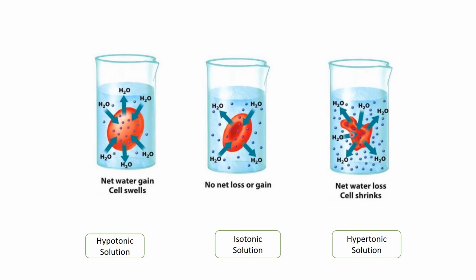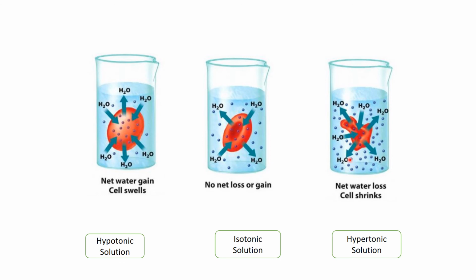For your convenience, it is shown here. You can see that 4 molecules of water are shown coming out and 2 molecules are going in. This is an indication that more water is coming out than is moving in, and that is why there is a net water loss. And when there is net water loss, the cell will shrink, and when the cell shrinks, it means exosmosis takes place.